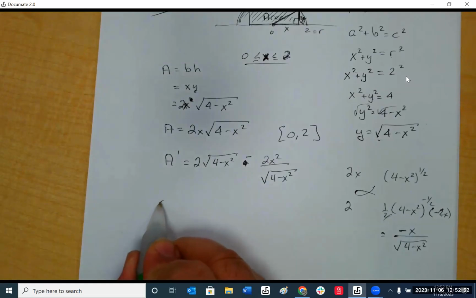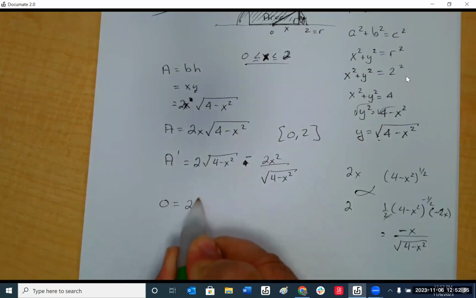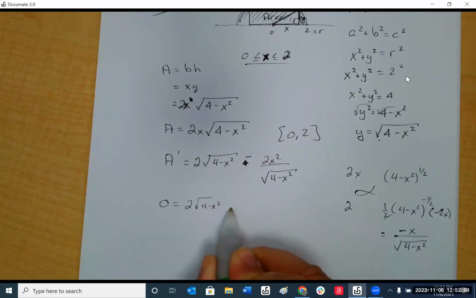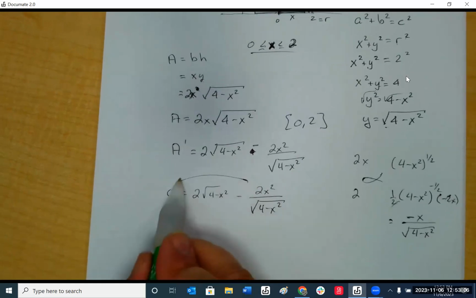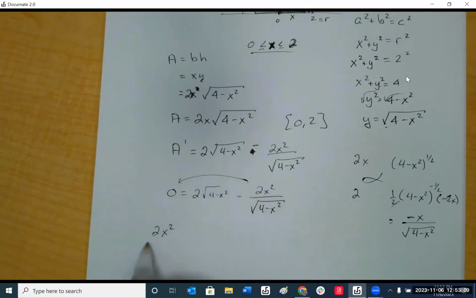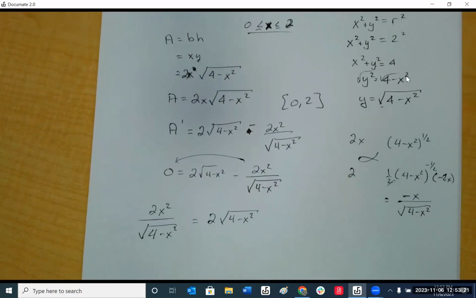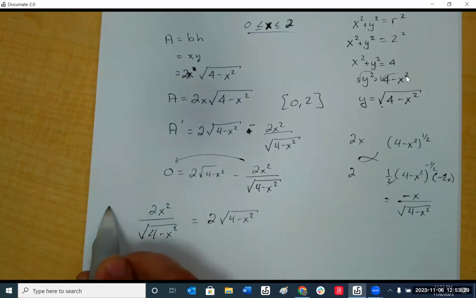If we set that equal to 0, move that over there. 2x squared over square root of 4 minus x squared equals 2 times square root of 4 minus x squared. Multiply both sides by radical 4 minus x squared.